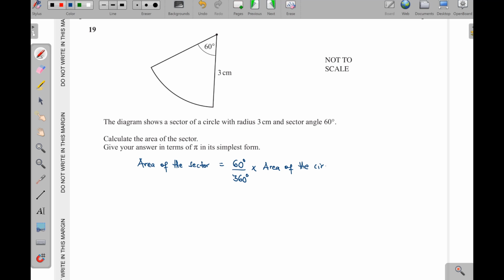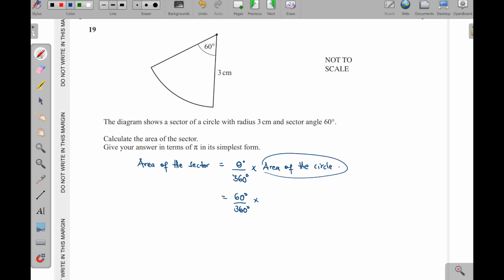So in other words, actually, let me put off the 60 here so that I substitute in the next step. So this is theta out of that, so this is 60 degrees out of the 360 degrees.